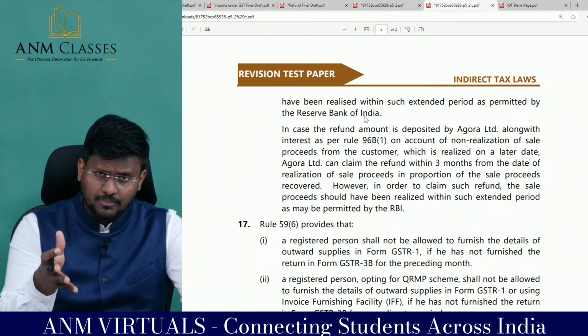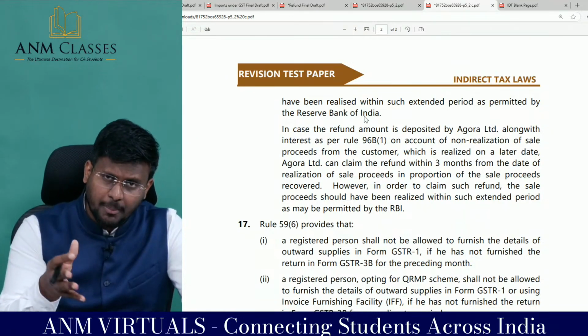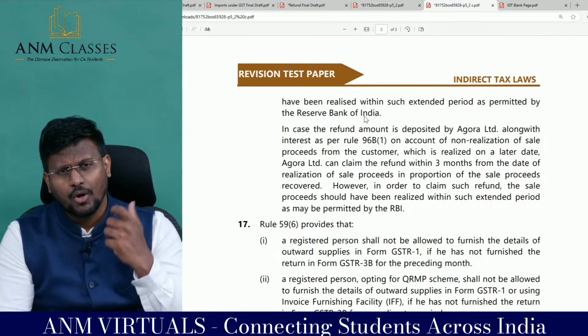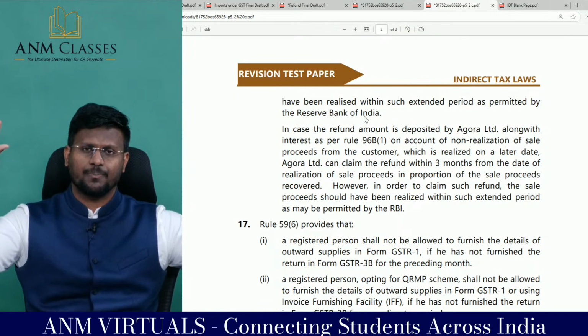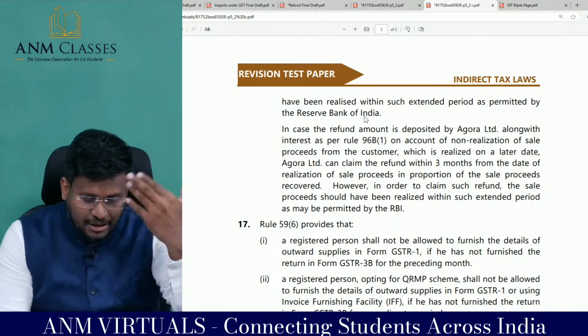So, in future, if you are able to repatriate the money beyond the time limit stipulated by FEMA, sir, within 3 months of the repatriation, you have to go and knock the doors of the GST department saying that, sir, I have completed my repatriation. Then either in full or in part, they will refund to you.